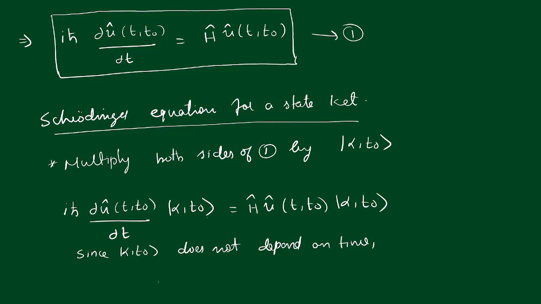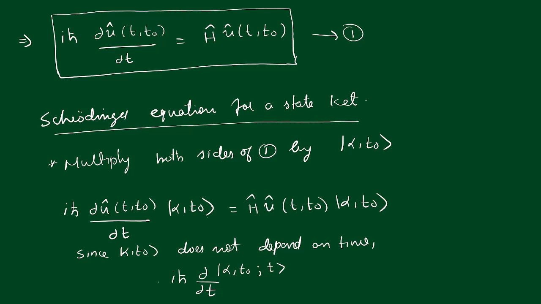Now, U acting on alpha comma t0, what is that? This U operator takes the state from t0 to t. Alright, that was the basic definition. So this means that we have the equation i h cross partial derivative of alpha comma t0 comma t. Alright, so this is the state at time t whose initial state was alpha at time t0.